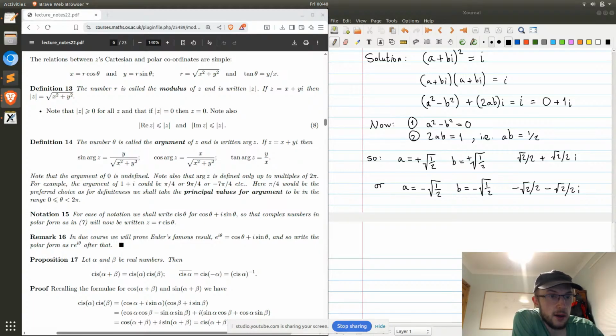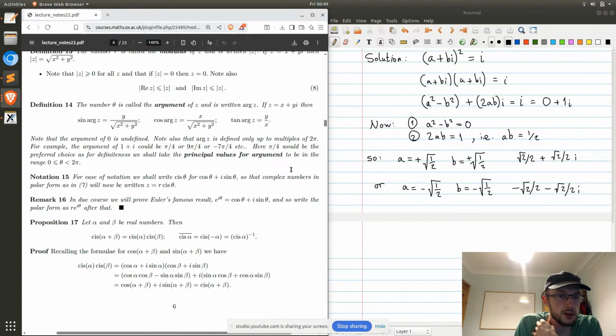Well, here, pi over 4 is the preferred choice. As for definiteness, we shall take the principal values for the argument to be in the range of 0 to 2 pi. So just remember that theta always has to be from 0 to 2 pi, and you know how to get it within that range.